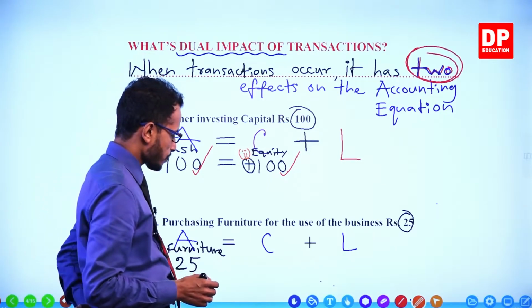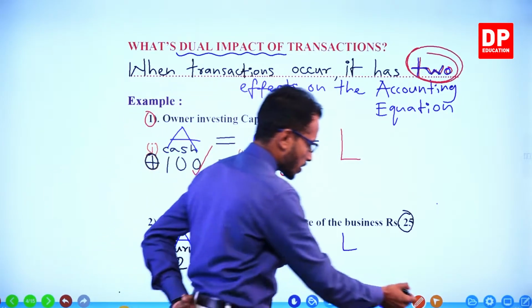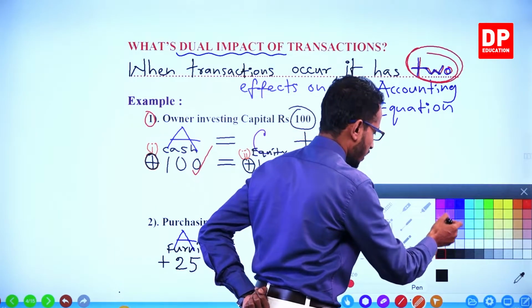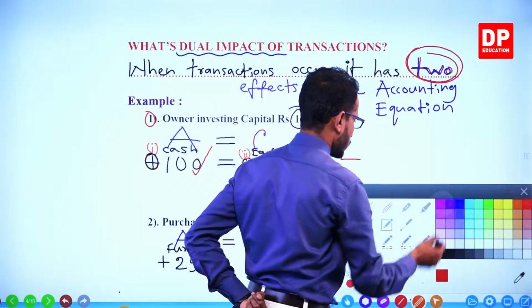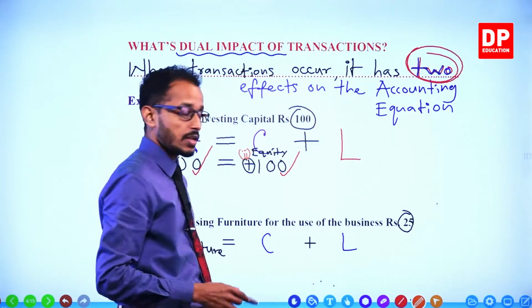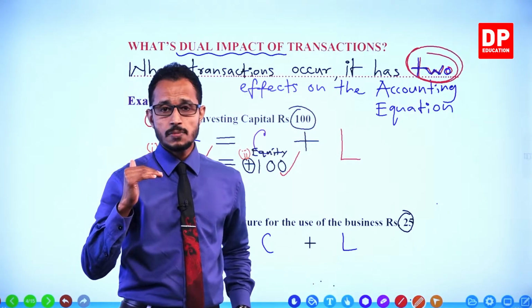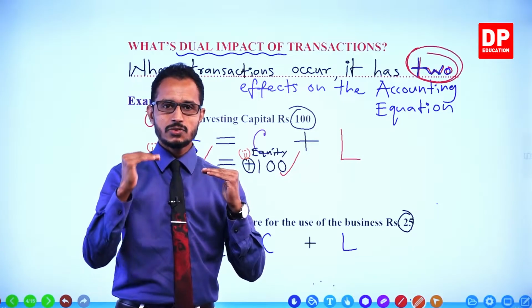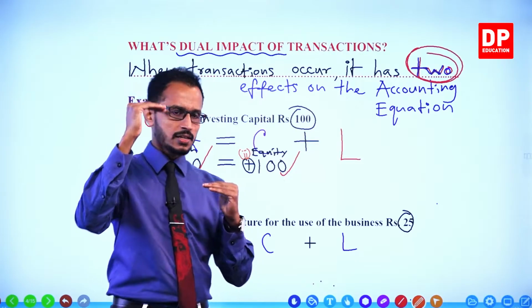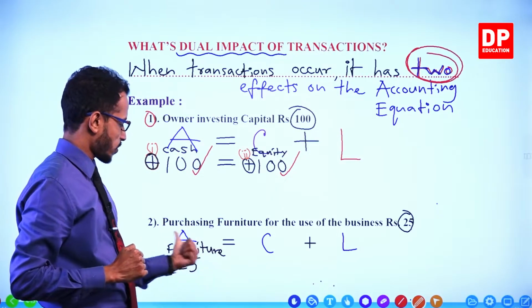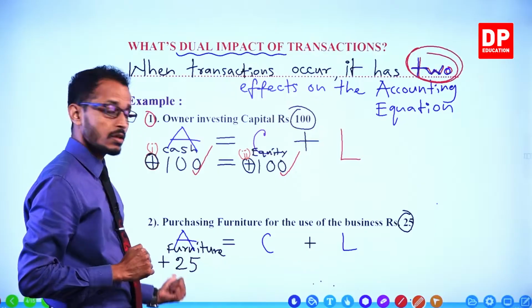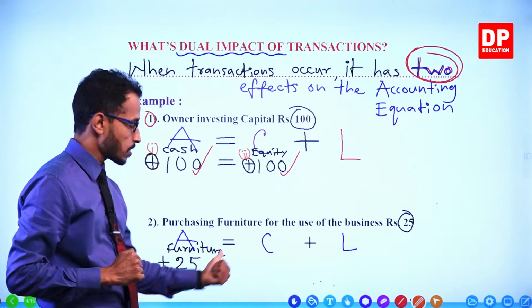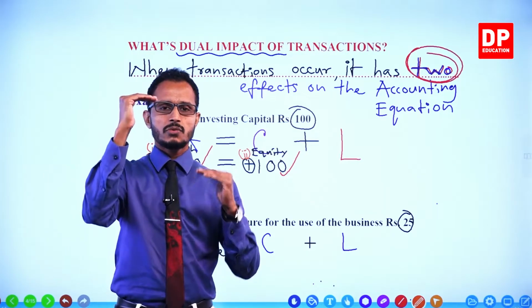At the same time, what is the second effect? Now we recorded one entry, that is the first impact. Furniture increased. All right, it's recorded here. First impact recorded.